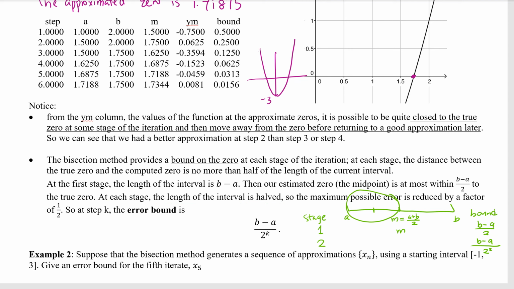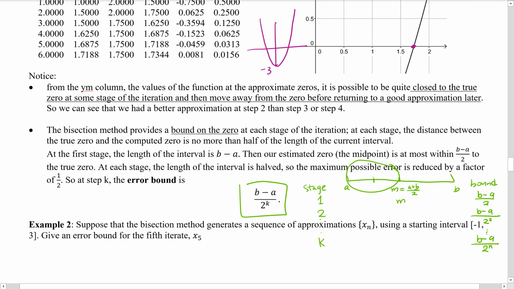So at step k, the error bound is (b minus a) over 2 to the power of k. This is the error bound. So far, so good, everybody?